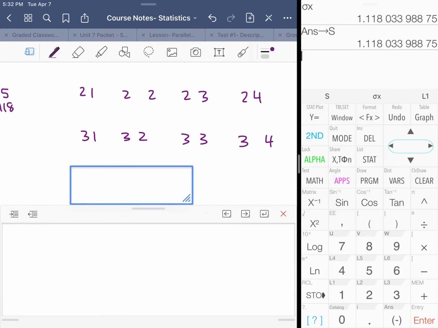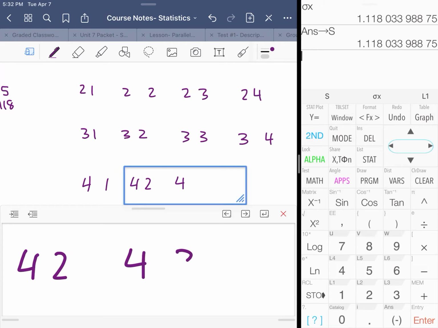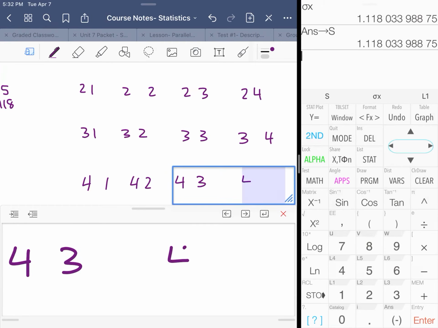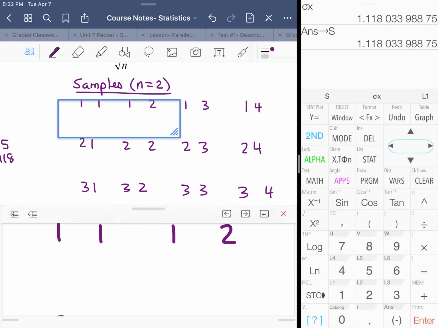And then finally 4,1; 4,2; 4,3; 4,4. My spacing wasn't as consistent as I would have liked, but there was a rationale. It just didn't play out the way I had it intended in my mind.